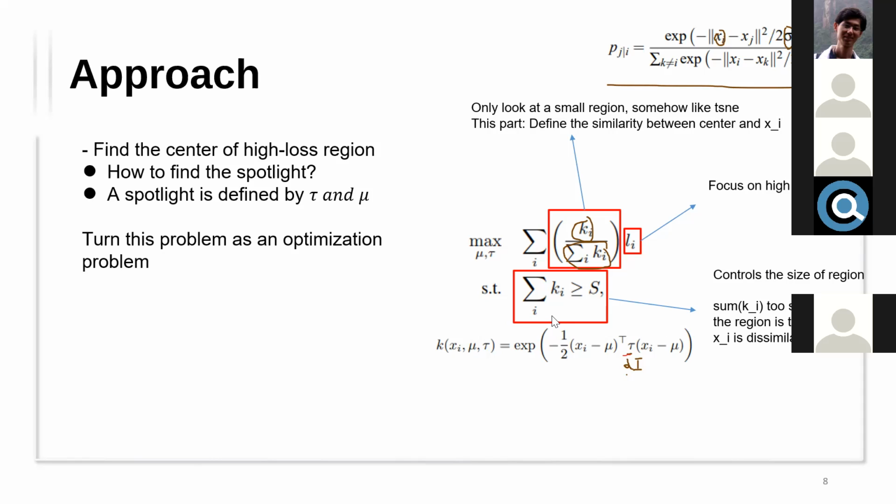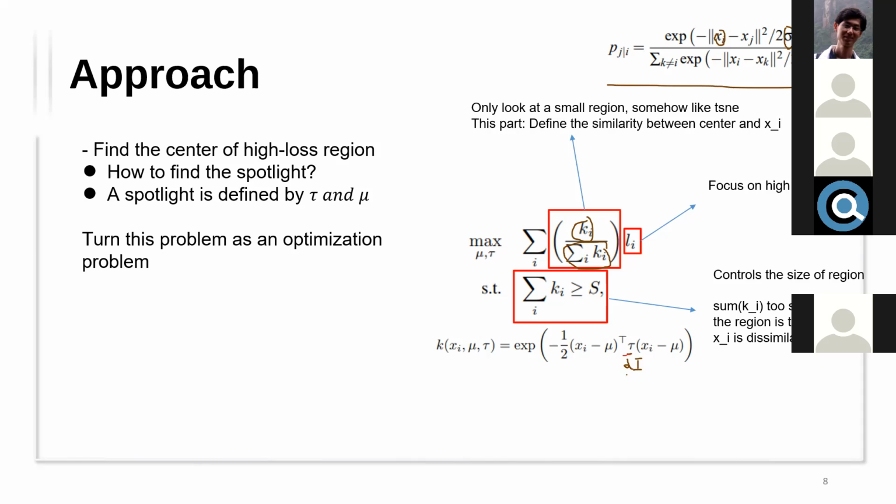And then the constraint, the sum of Ki needs to be larger than some predefined value S. That means they try to control the size of the region. It couldn't be too small, because if the sum of Ki is too small, that means any Xi in the data set is not close to the centroid, so you might only look at some outliers instead of a region.